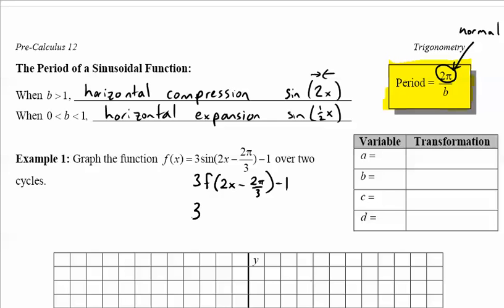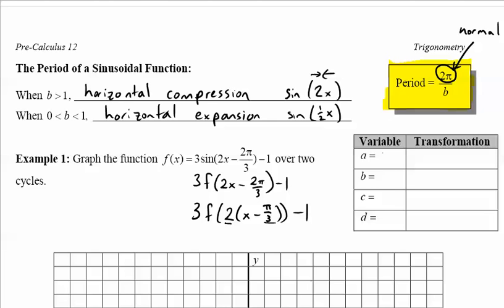The fact that we actually need to factor the b value in order to see what the phase shift is, what the horizontal translation is. So in order to find that c value, I need to think 2 times what number would give me 2 pi over 3. 2 times pi over 3 gives me 2 pi over 3. Now I can fill in my data on my table.